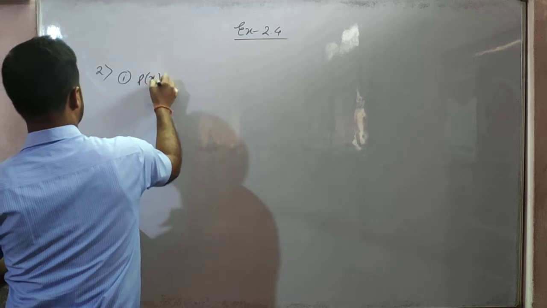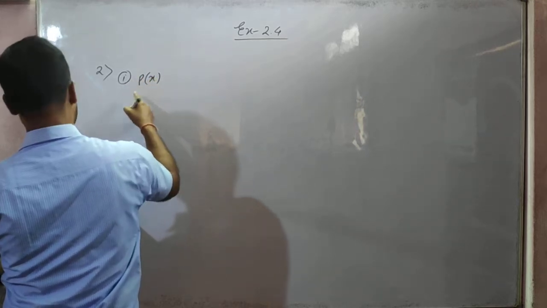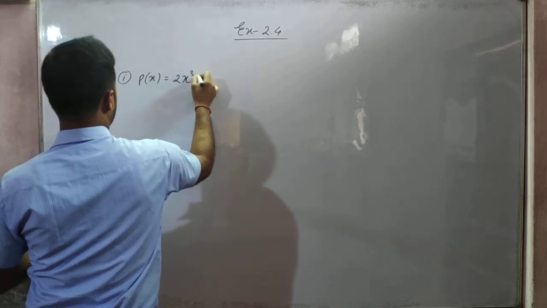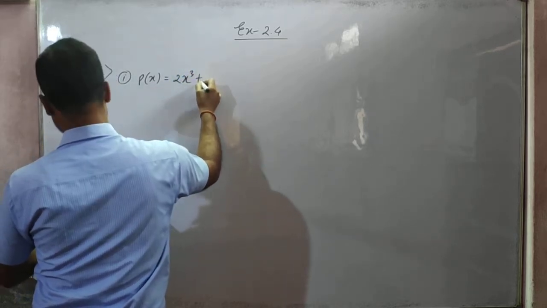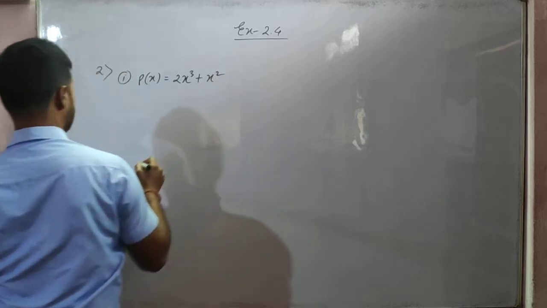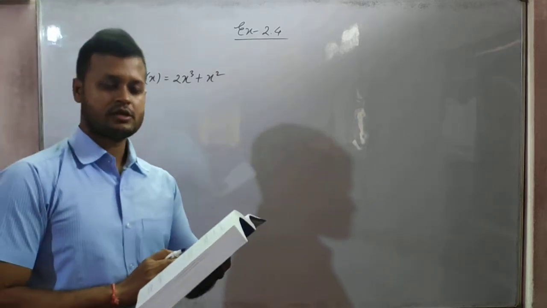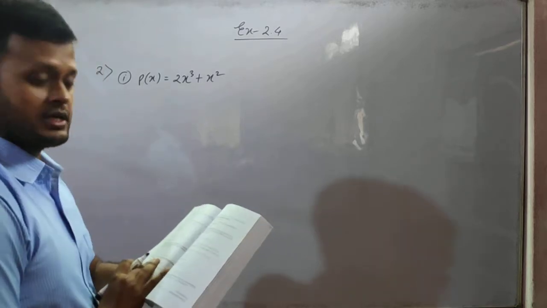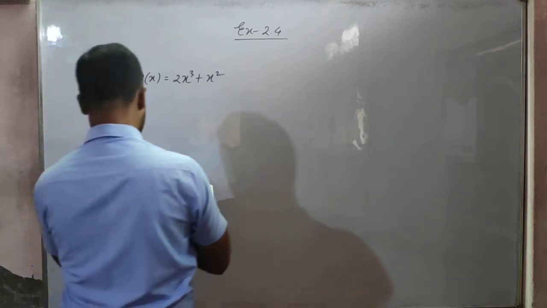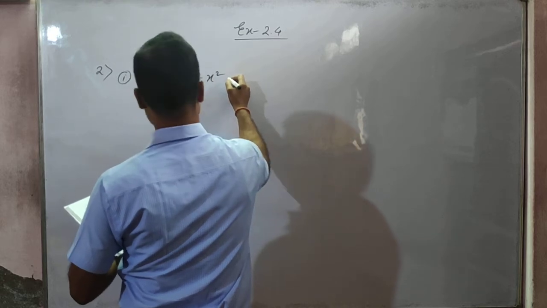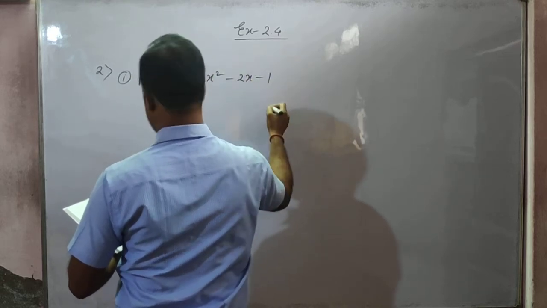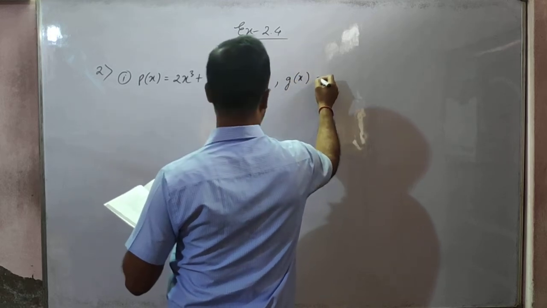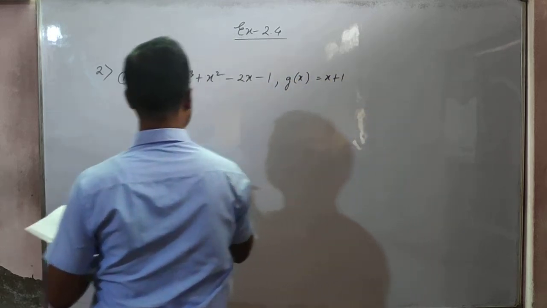p(x) is equal to 2x cube plus x square minus 2x minus 1, and g(x) is equal to x plus 1.